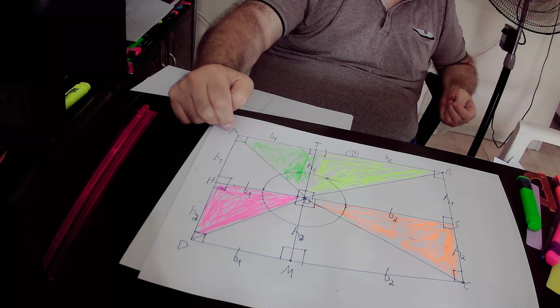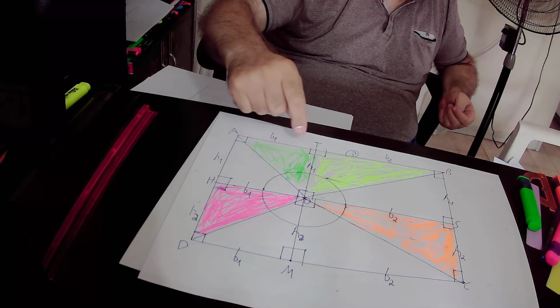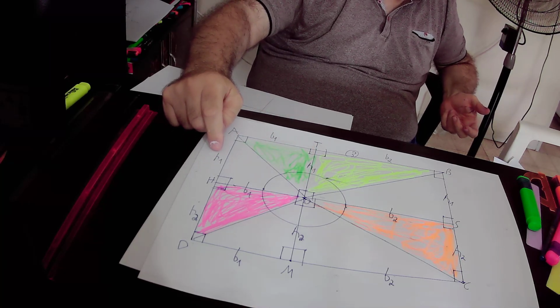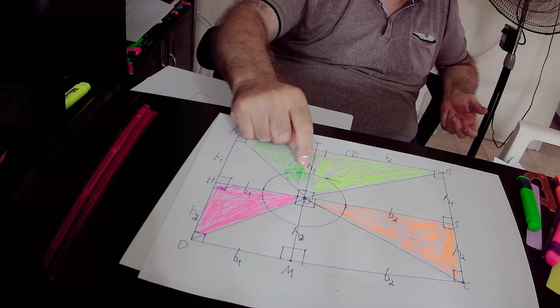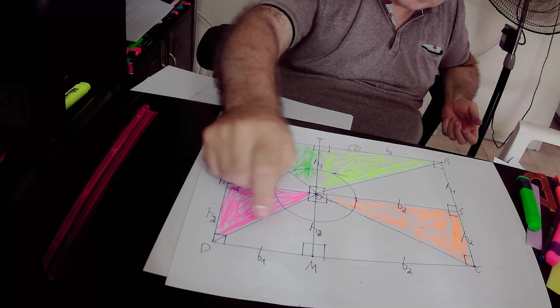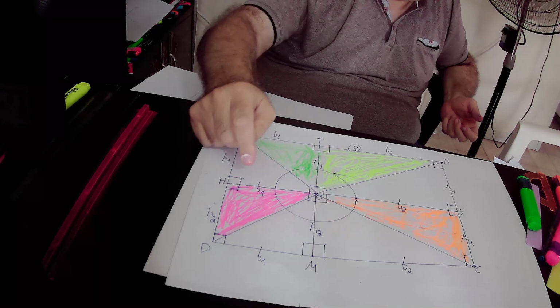Likewise, in rectangle AHTO, AH must be equal to TO. But AH equals H1 according to our definition. Therefore, TO must also equal H1. Likewise, in rectangle HODM, HO must be equal to DM.